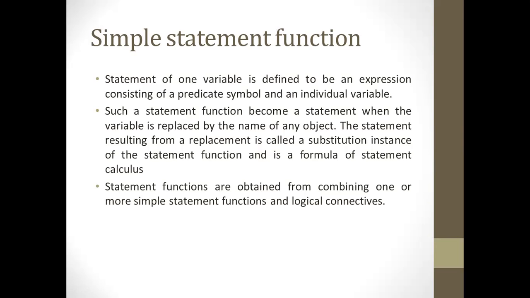So such a statement function becomes a statement when the variable is replaced by the name of any object. जब वो एक नाम से replace हो जाएगा, when the variable is replaced by the name of any object, then it becomes the statement.